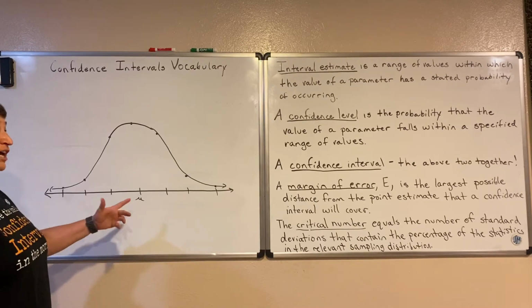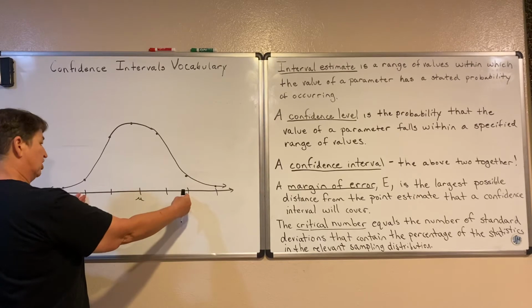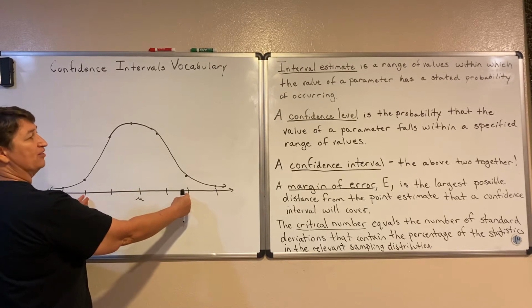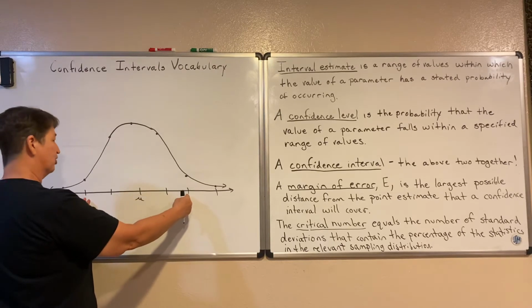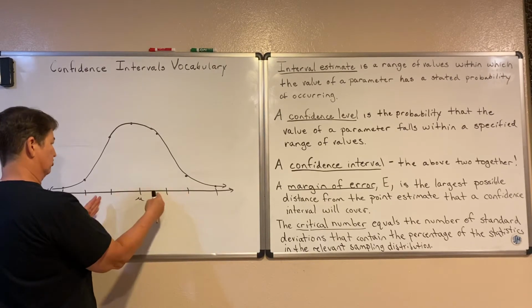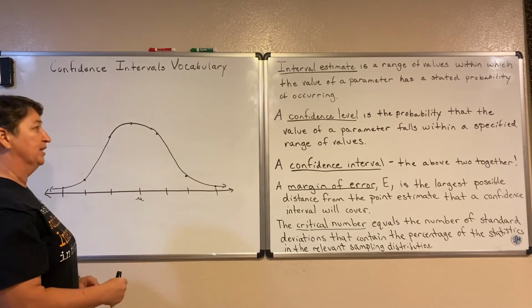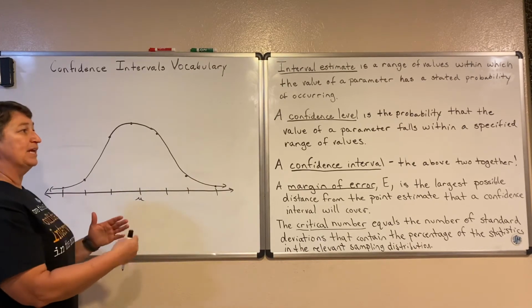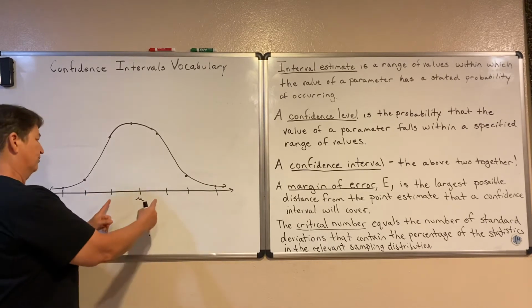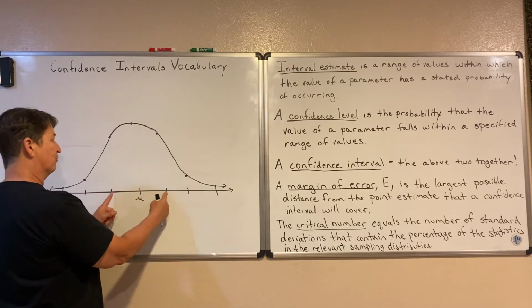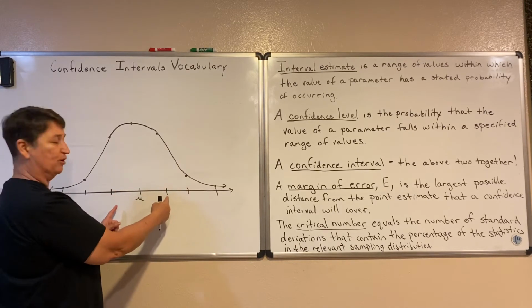Now, the interval estimate is just the range for where I say the parameter is going to be. I'm going to claim that the parameter is somewhere in this range or somewhere in that range. That's my interval estimate. And then the probability that goes along with that is my confidence level. Within here, the probability it falls in there is 68% by the empirical rule.